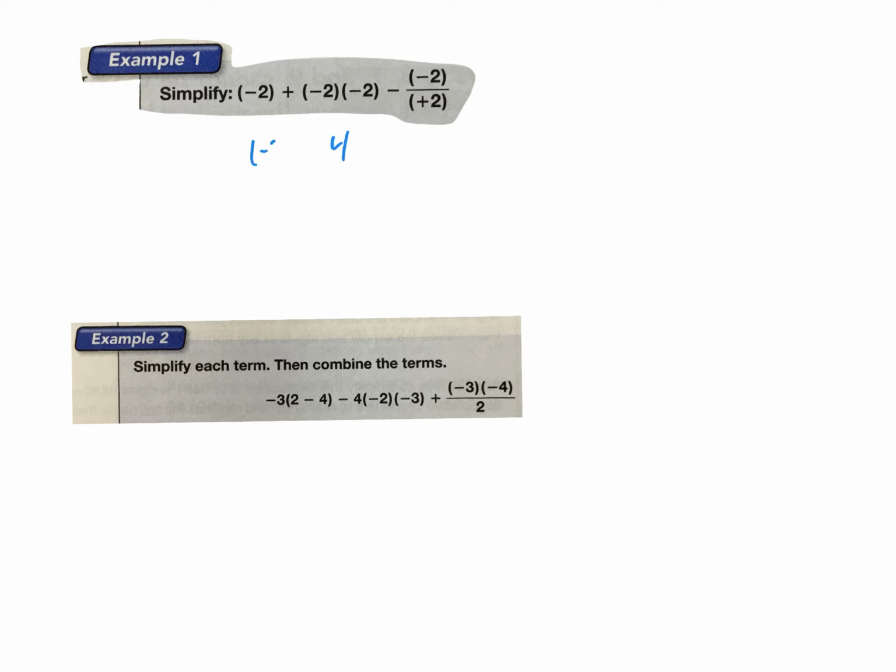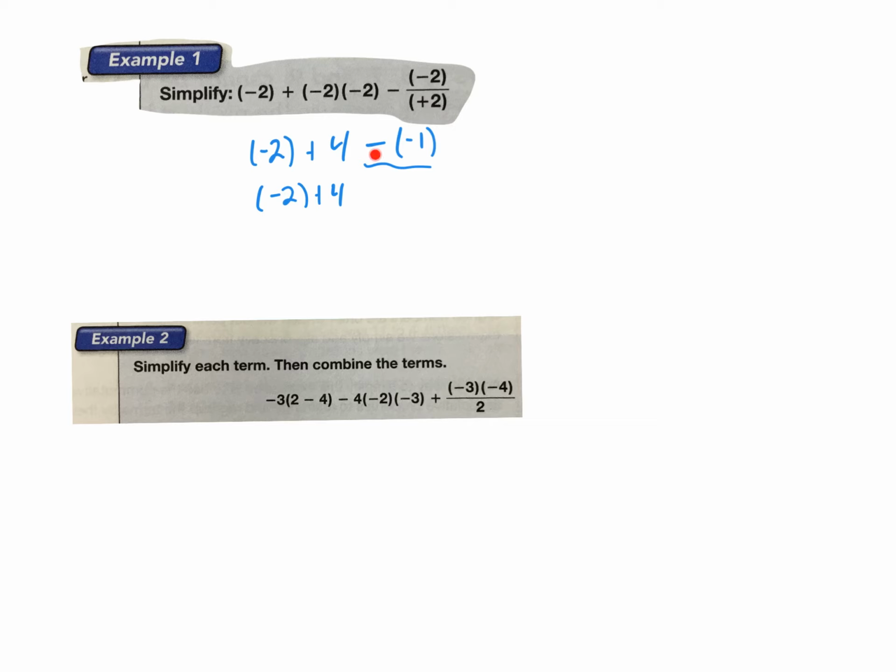So it's going to be a negative 2 plus a positive 4. And then minus 2 divided by 2 would just be 1. Different signs, so it's going to come out to be a negative 1. Okay, so let's go ahead and change this. So I'm going to have a negative 2 plus 4.